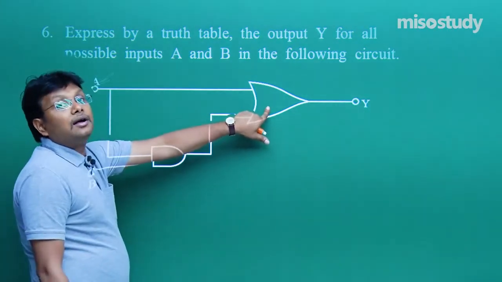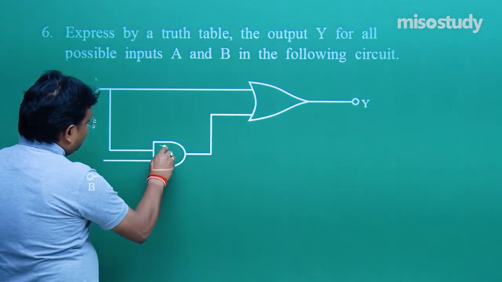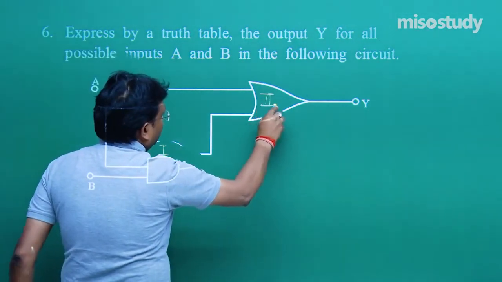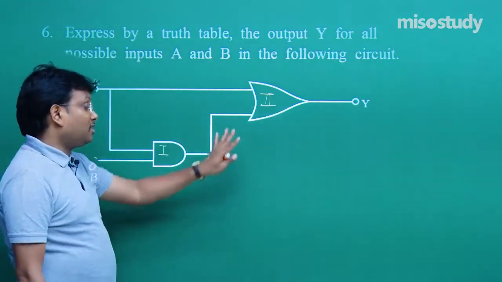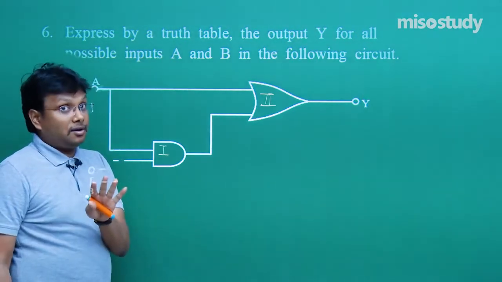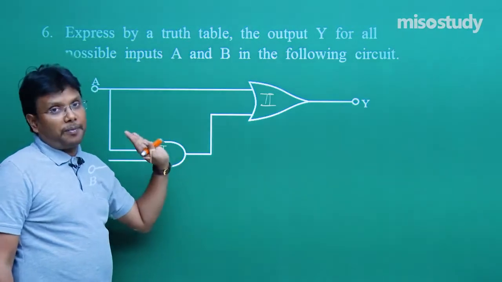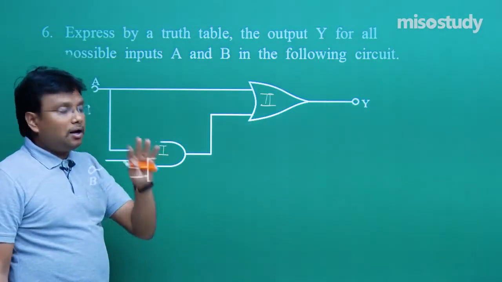OR gate means addition. Okay. So, let us say this is logic gate number 1, this is logic gate number 2, no problem. This is the process, this is the method of answering these questions. Please learn like this. Fine, you cannot just remember or prepare, you have to look at the diagram, only then you can apply the logic. Okay.